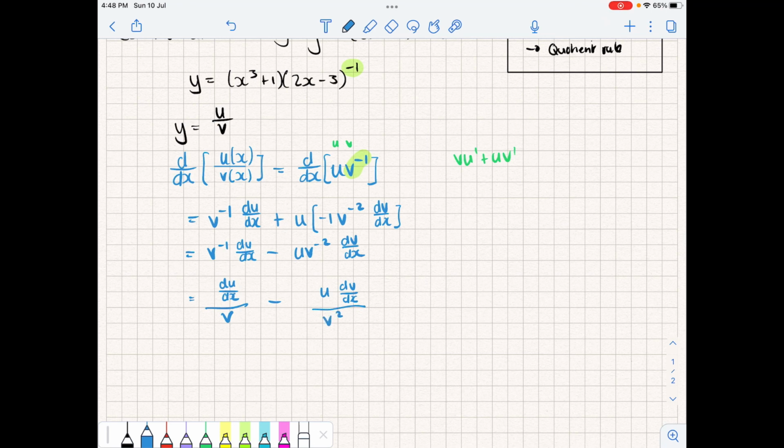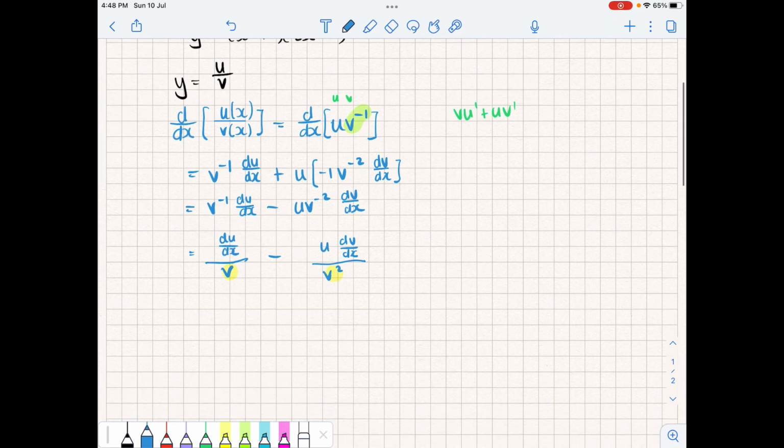So I'm just going to add these terms together, so I need a common denominator. So here I have v, here I have v squared. So if I multiply the first term by v at the top and the bottom, I'll have a common denominator. So I'm going to get v du on dx all over v squared, minus u dv on dx all over v squared, which I can combine into one term.